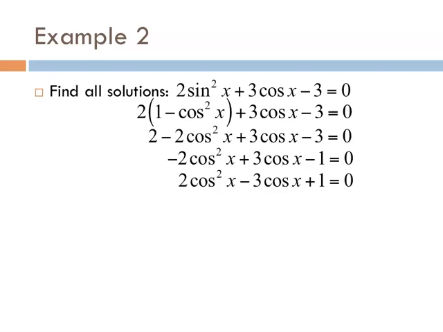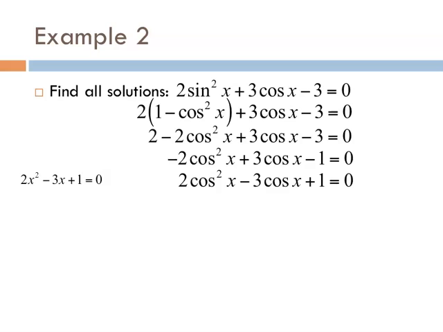Okay, now you can think of this as 2x squared minus 3x plus 1 equals 0, if that's helpful. And we can go ahead and try to factor that, try to split the middle here. So splitting the middle, we have two numbers that multiply to +2, add to -3, that would be -1, -2, split the middle.